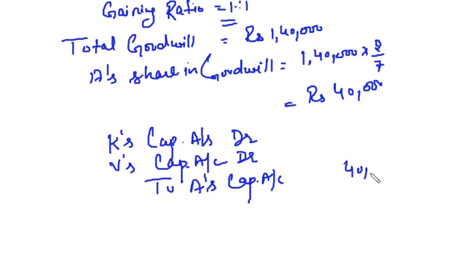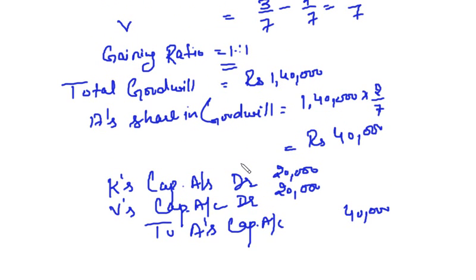This is the 40,000 amount of goodwill that is payable to the retiring partner. This will be shared equally between the remaining partners because their gaining ratio is 1:1. Now you can enter this in capital accounts. Clear?